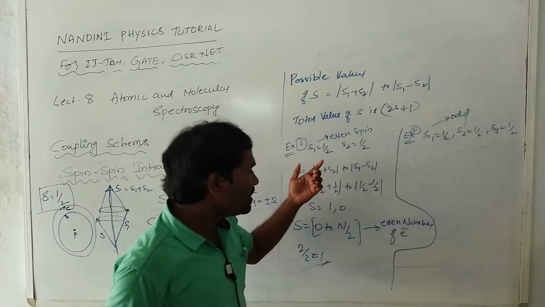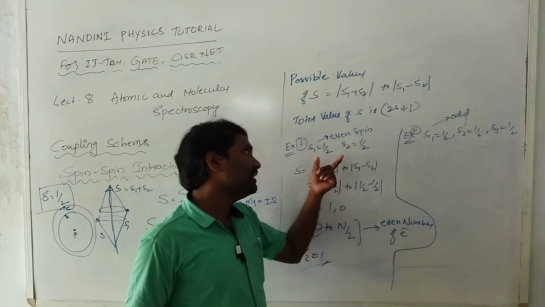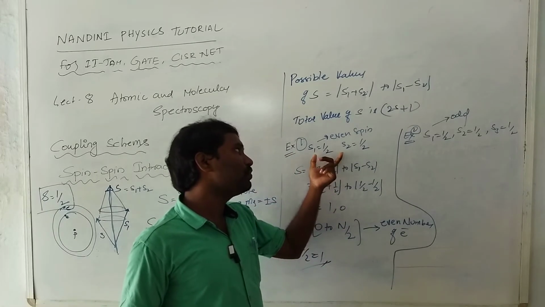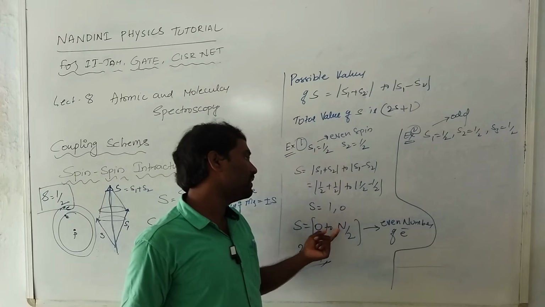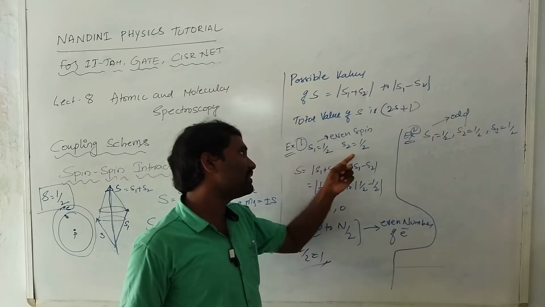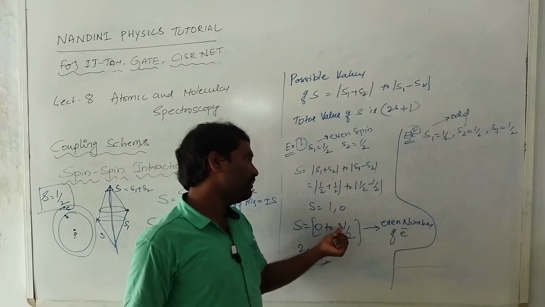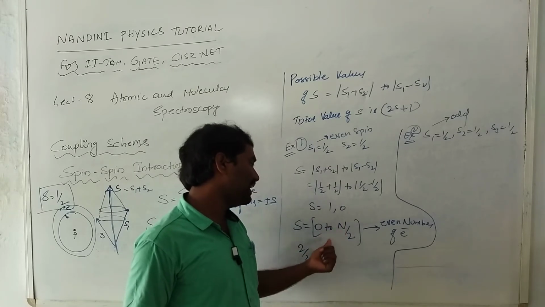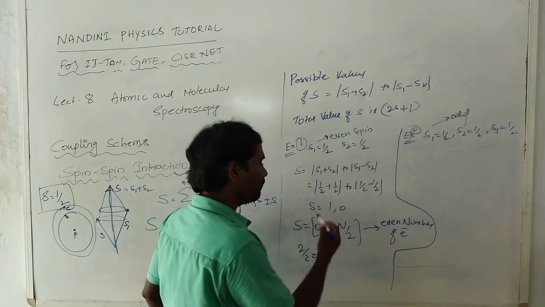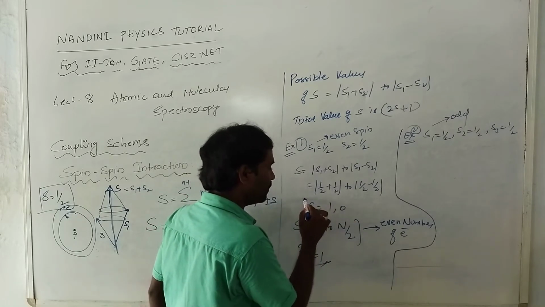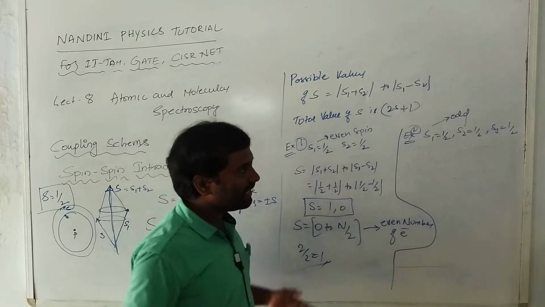In the case of even spin, you can use this formula, because here I consider 2 states, and capital N is the representation of the states. You simply substitute 2 divided by 2 and you get 1, so the possible values of S are 1 and 0.